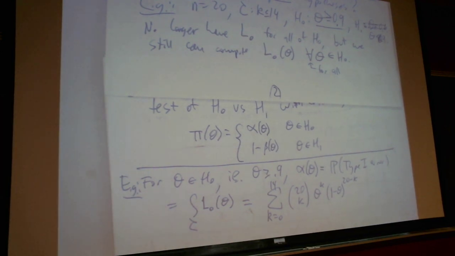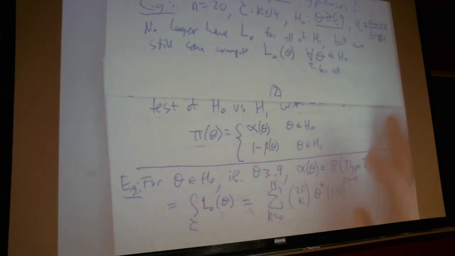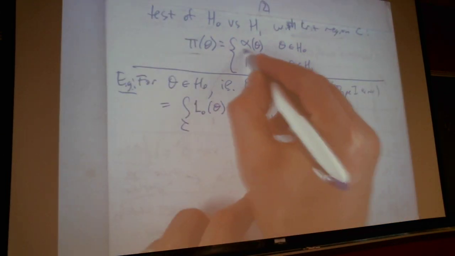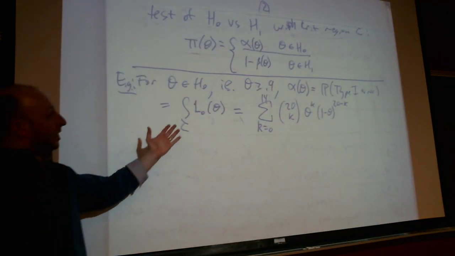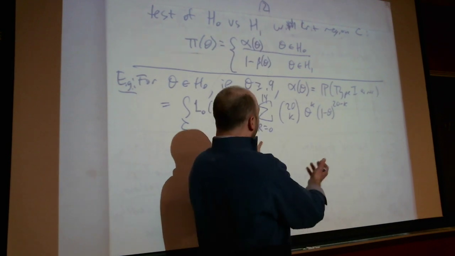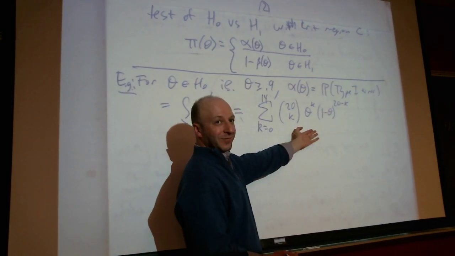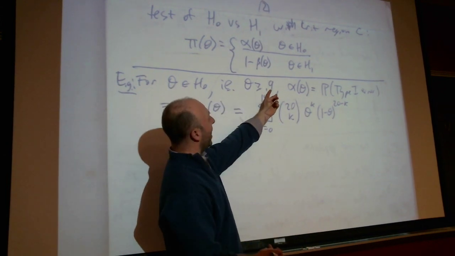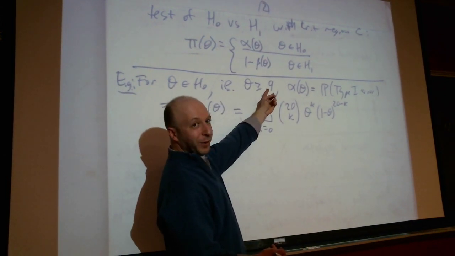Does that make sense? So that's the first part of the power function. It's just literally this function. This function you can compute numerically. You can take theta equals 0.99, and then theta equals 0.98, and theta equals 0.97.